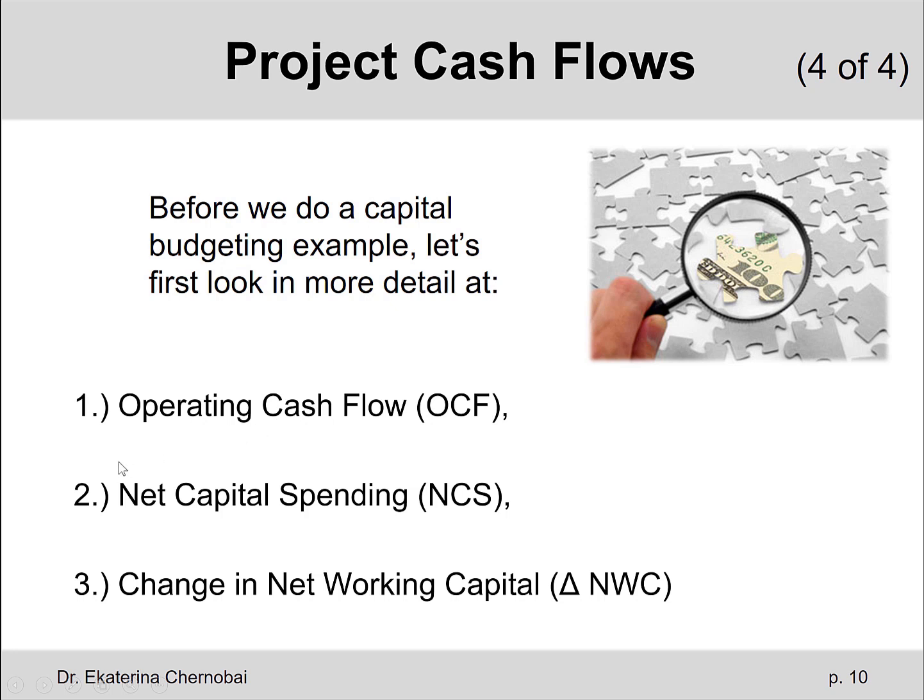Then we will look at net capital spending: what's included, what's the formula we use there, how do we calculate it. And then finally, what is meant by change in net working capital. So we will have a few examples for each of these parts of the slides.